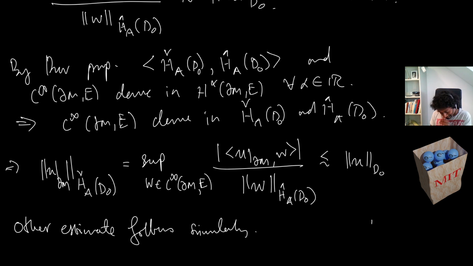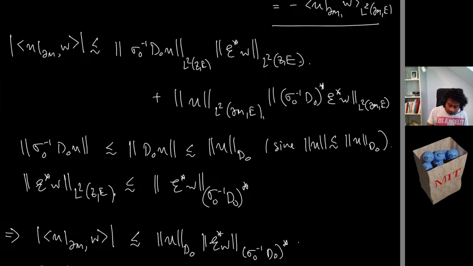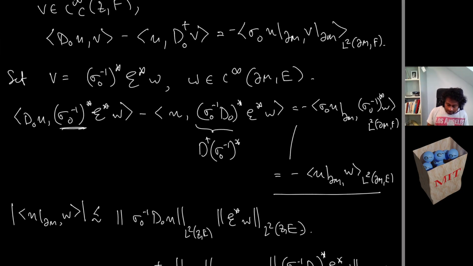So this is why this perfect pairing business is extremely important. It allows us to reduce seemingly complicated things down to estimating against some nice dense subset, for which we've already established we have some sort of perfect pair. And you can also appreciate in this proof where L2 really plays a crucial role.